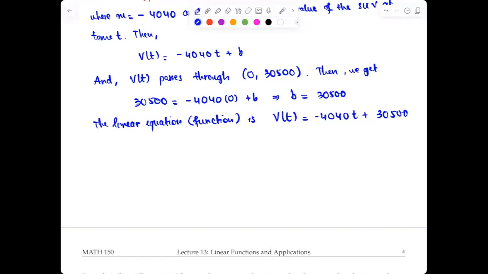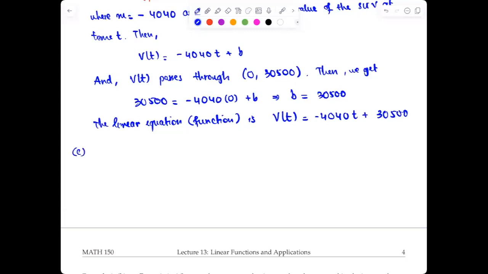If you want to calculate the value of the SUV when t is equal to, let's say, 7, which is outside the domain between 0 and 5, we call that process extrapolation. You see the difference between the two processes, because we have t equal to 3, which is in between 0 and 5. So this is interpolation.